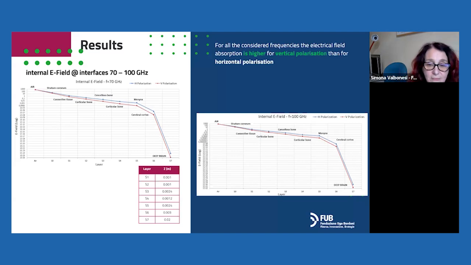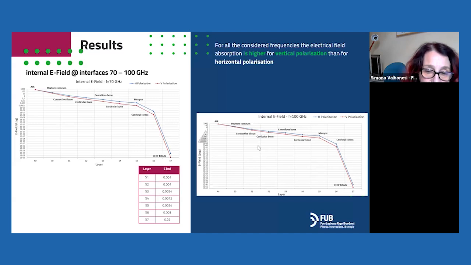According to some authors, the difference in attenuation is due to different absorption by the body of the diffractive component as the polarization varies, and with different effective dimension of the area on which the waves strike. But this aspect has not been taken into consideration in this work. I mentioned this just because we found the same results in literature.